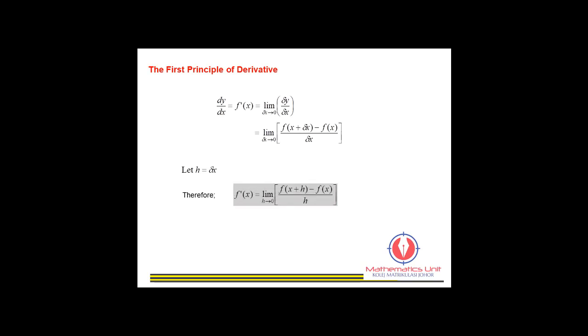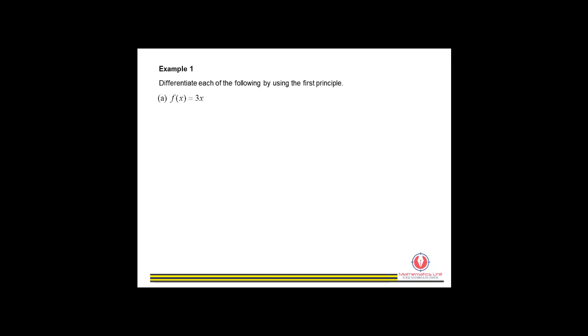Therefore, f prime x is equal to limit of f x plus h minus f x over h as h approaches 0. Or we also can write it like this, f prime x equals limit 1 over h times f of x plus h minus f x as h approaches 0.